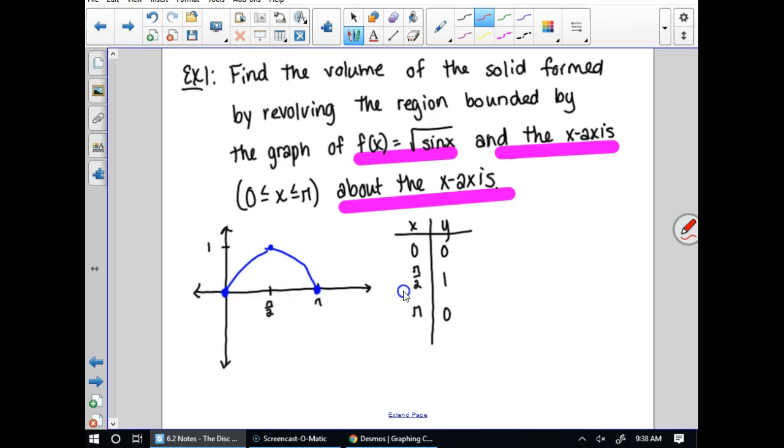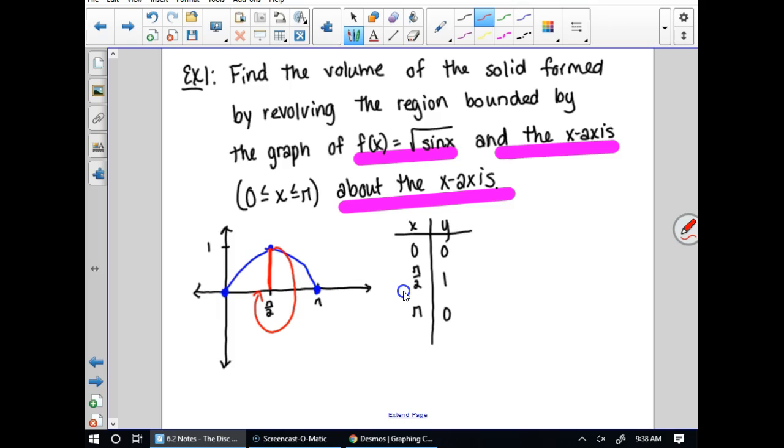So our equation pretty much is the area of the circle, and then we integrate it from 0 to pi, which multiplies it by that length. If we're rotating around the x-axis, it's like we're taking this little slice right here and rotating that around, and it would make a circle.